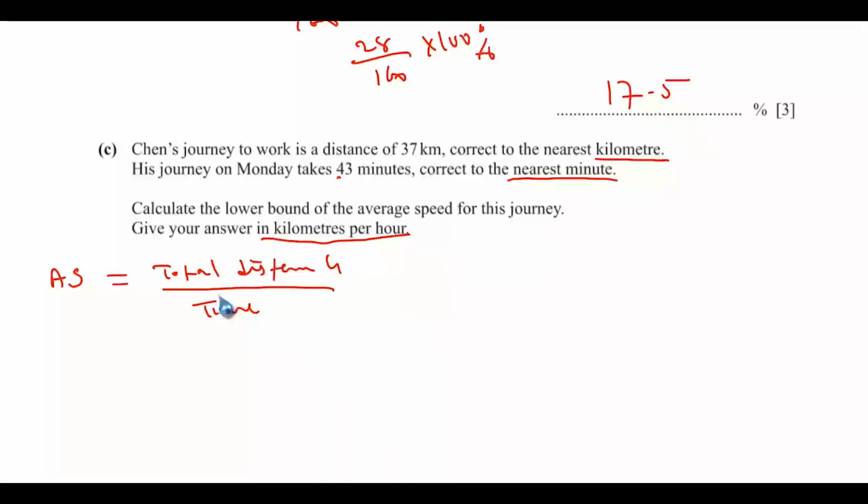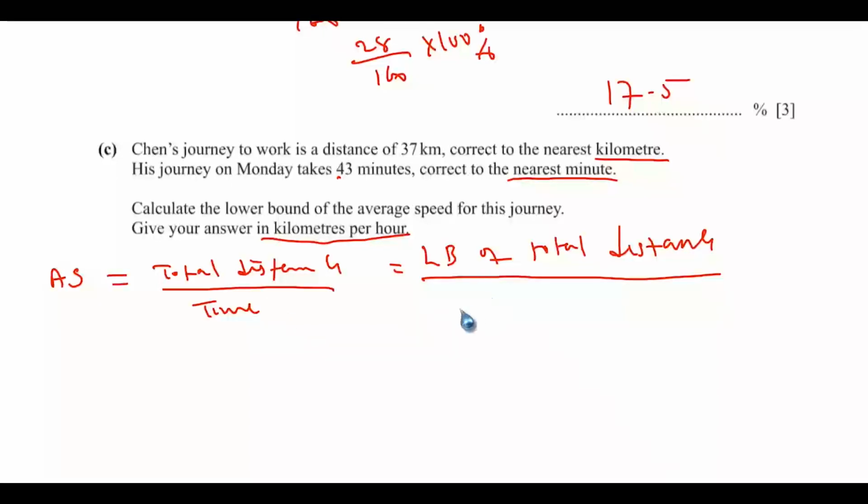So the lower bound of the average speed will be equal to the lower bound, LB, of the total distance over the upper bound, because we want to get the lower bound of it, so we have to divide by the upper bound so that it becomes smaller. That's just the trick. So it will be the upper bound of the time. So this is the formula we are going to use.